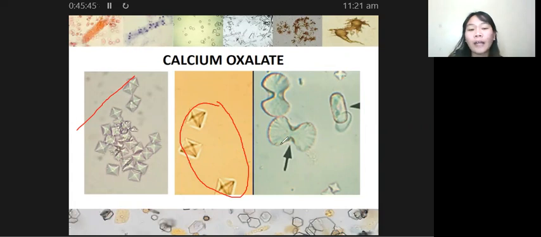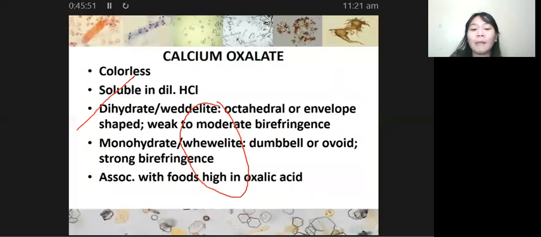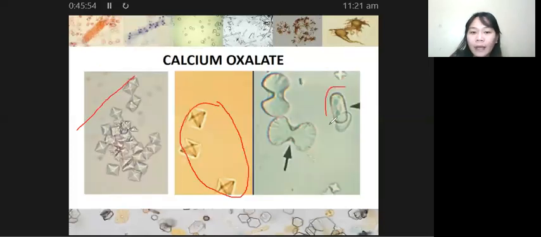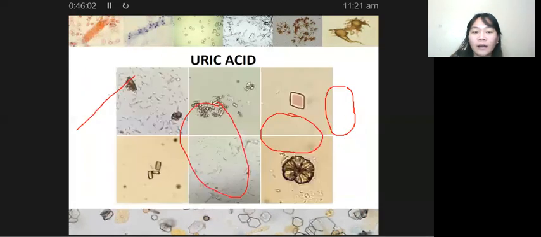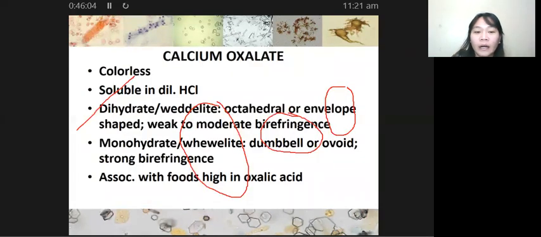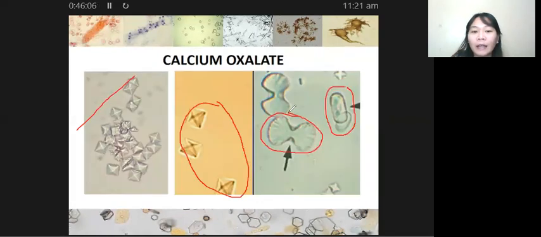This one is the ovoid form of our calcium oxalate. This is the hourglass appearance that we mentioned. So this is a dumbbell, or your hourglass appearance.